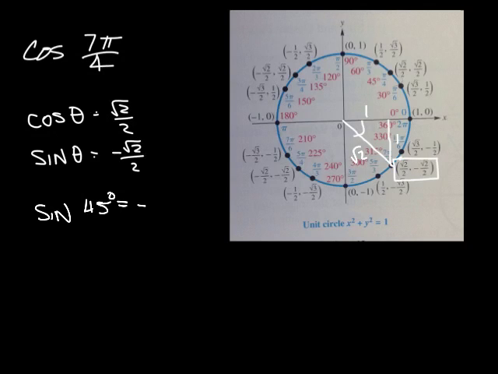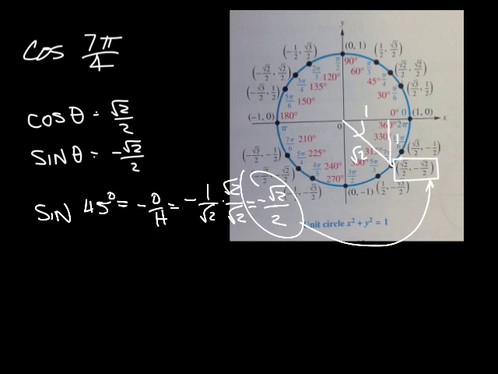I also know that the sine is opposite over hypotenuse, which is negative opposite over hypotenuse. Got to get rid of my radical by multiplying top and bottom by that, and I get negative square root of 2 over 2, which is this number right there. So you can figure that out by hand. You don't need the table, you don't need a calculator. It's not really rocket science. Well, maybe it kind of is rocket science. They do use trig for rocket science. All right, so that is how you do A in example 2.